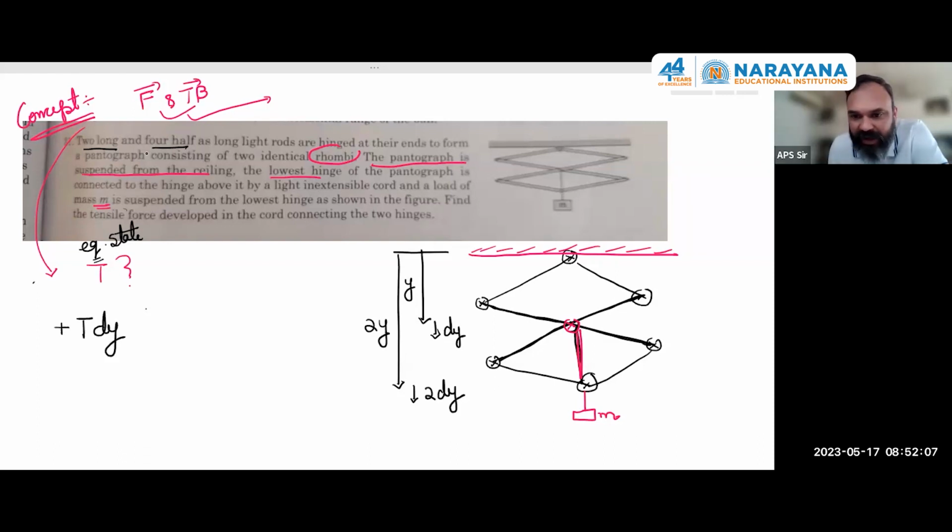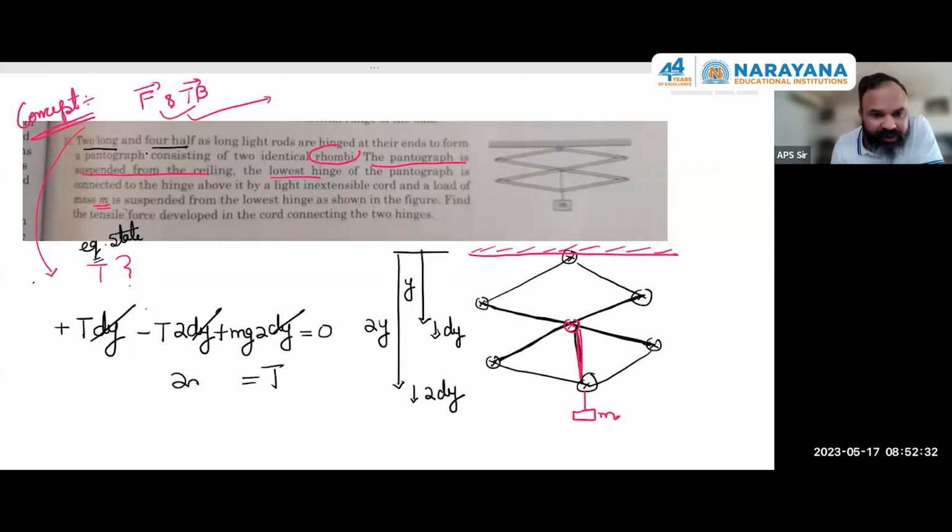And if I look into the second end, I get minus t 2 dy. And there is a weight also. So I got plus mg into 2 dy. And then I said that term seems to be 0. If this happens, dy will cancel out, and 2t minus t, so t will come here, and this will simply come out as 2 mg. It's a one-line solution.